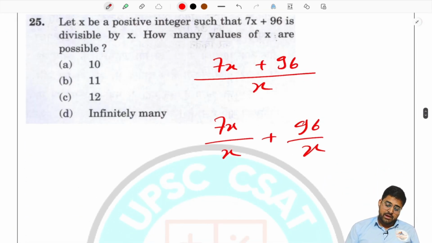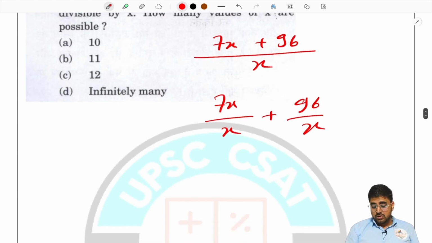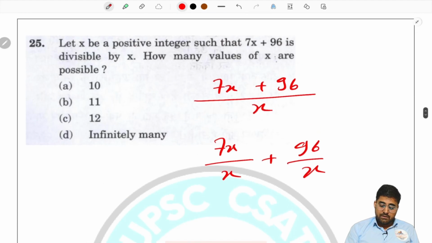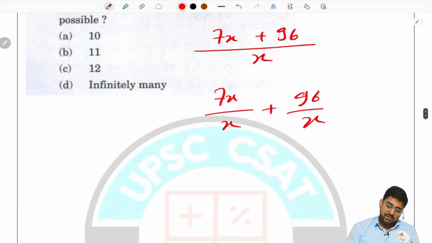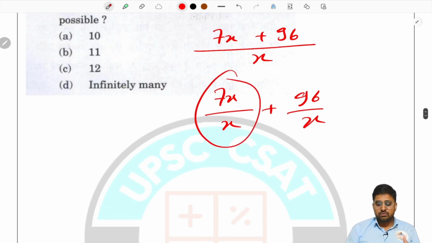the same situation is there. So what we have to do is find the value of x. How many values are possible for x? See, this term is going to be cancelled by x only because this numerator itself has the x.